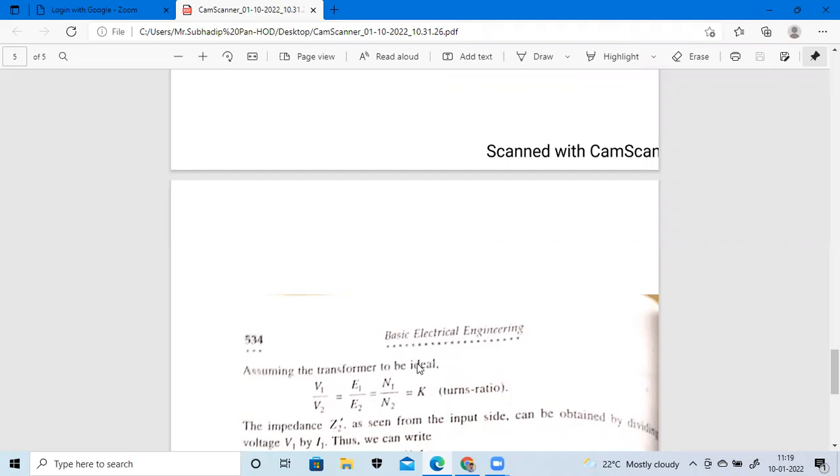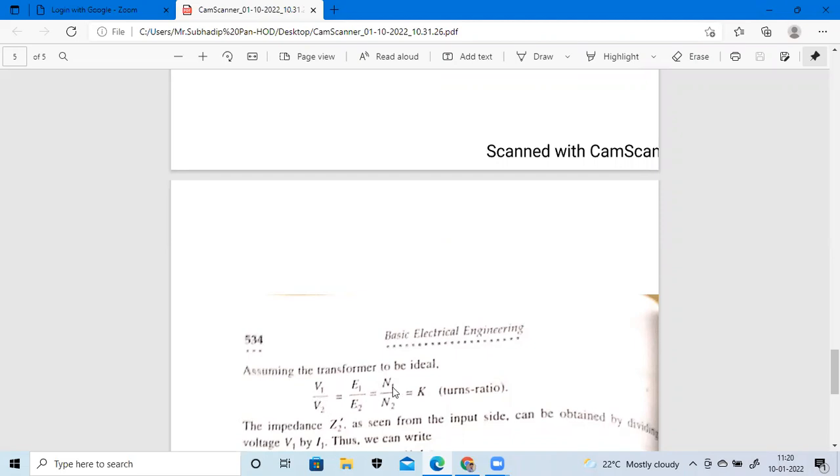When you consider the ideal case, the resistance value is negligible, or almost near to 0. So whatever supply voltage is given to the transformer primary side is almost equal to the EMF induced in the primary side. Similarly for the secondary side; 1 and 2 represent primary and secondary.